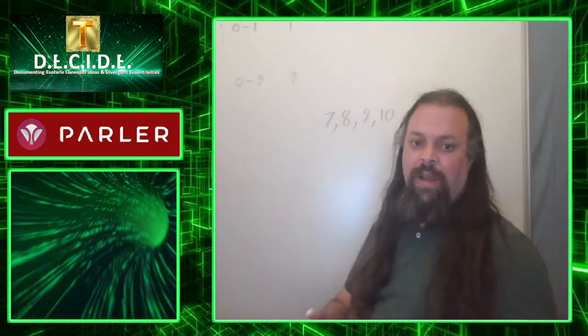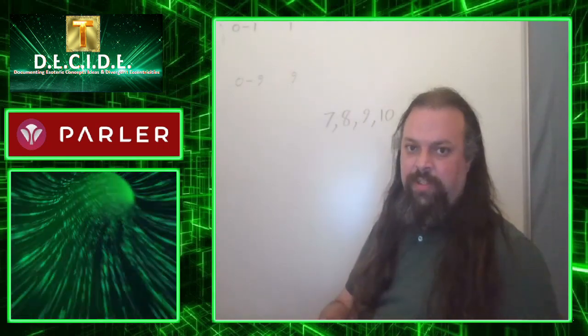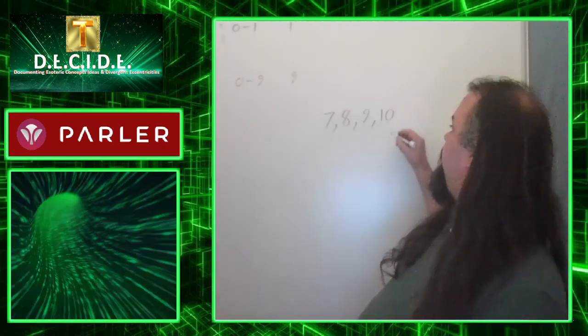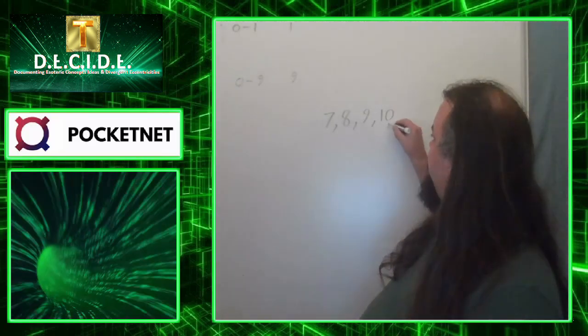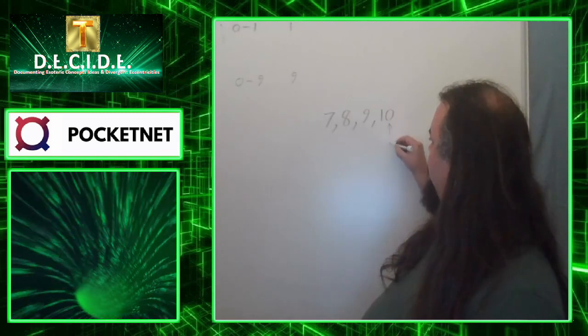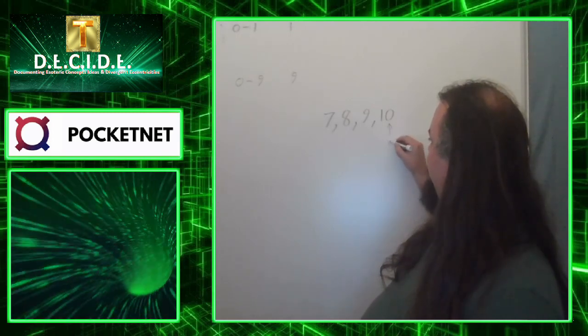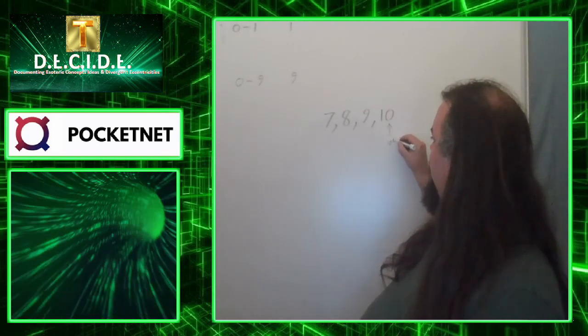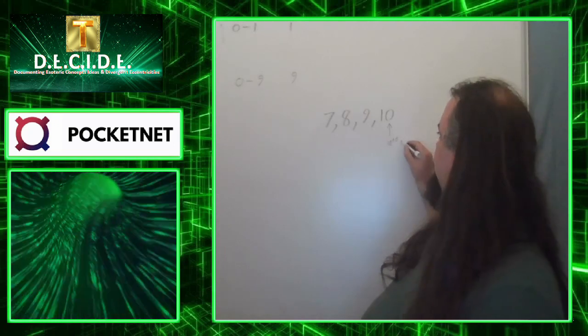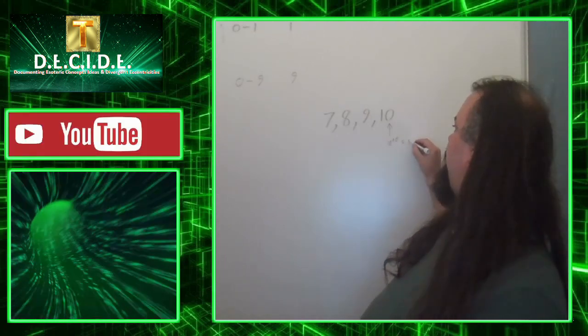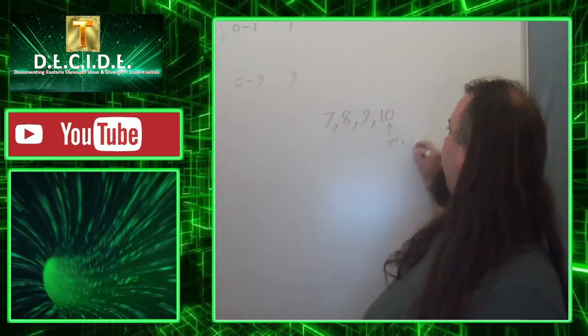This is multiplied by the base raised to the power of its position. For instance, the first position in a decimal number is multiplied by 10 raised to the power of 0, which equals a multiplier of 1.